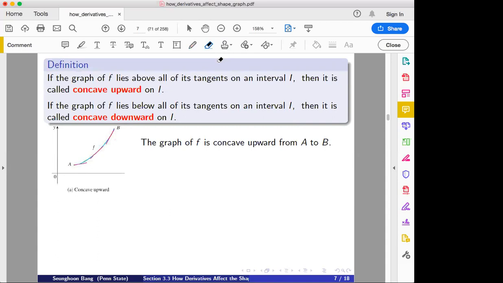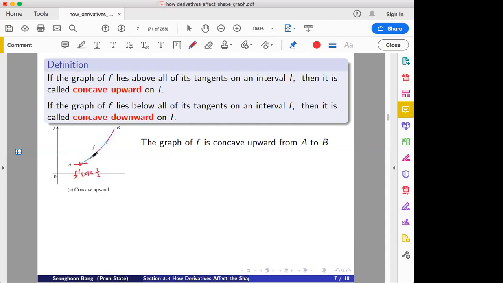So what kind of property do we have? You can think about f prime of x, which is the slope of the tangent line. At this point, f prime of x is, I think, 1/2.